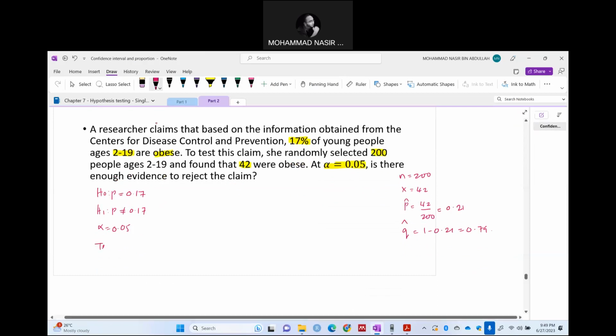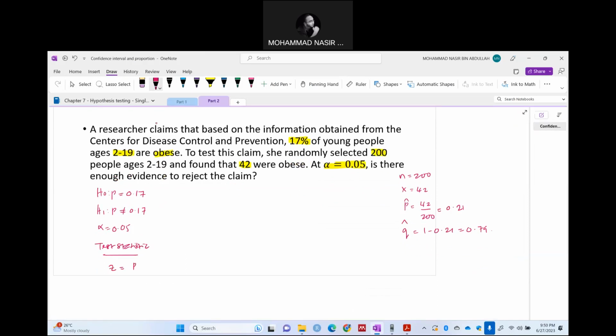So the test statistic: Z equal to p hat minus p divided by the square root of p hat q hat over n. So this is 0.21 minus 0.17 over the square root of 0.21 multiplied by 0.79 divided by 200.